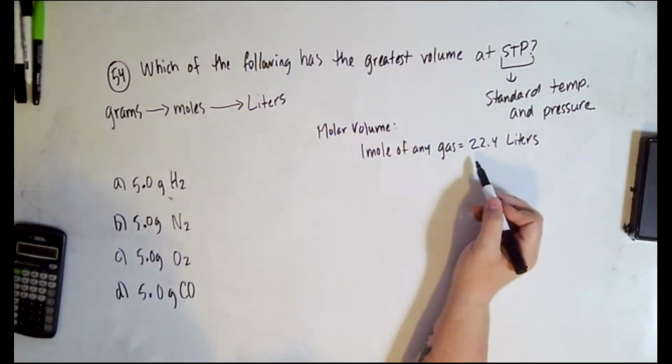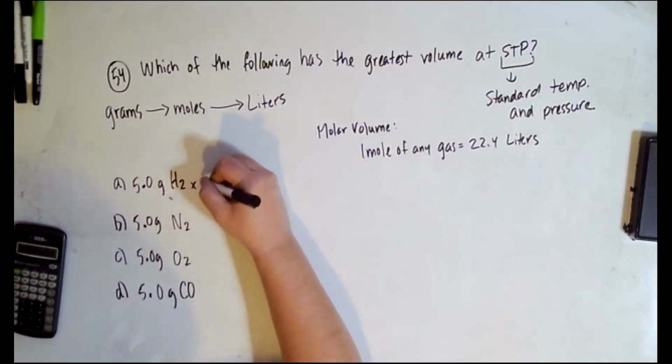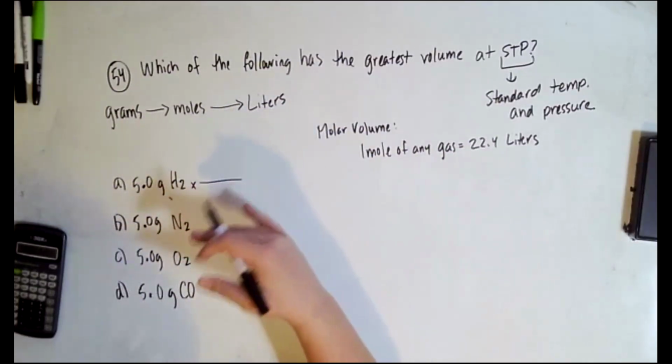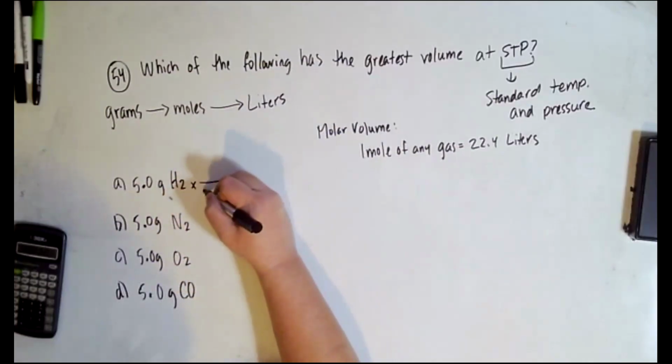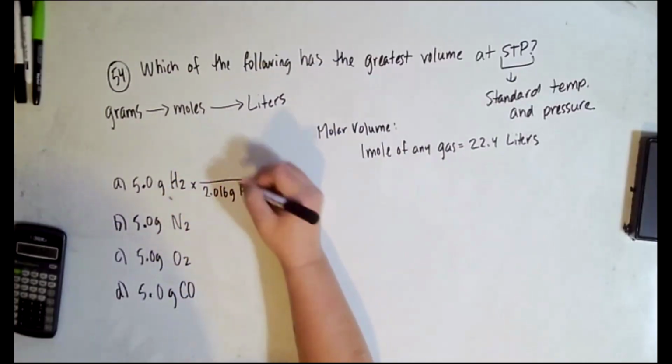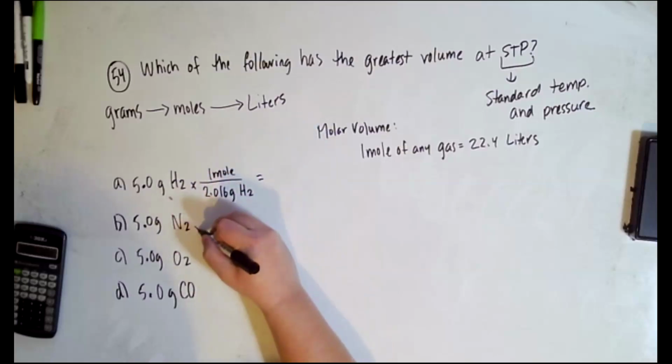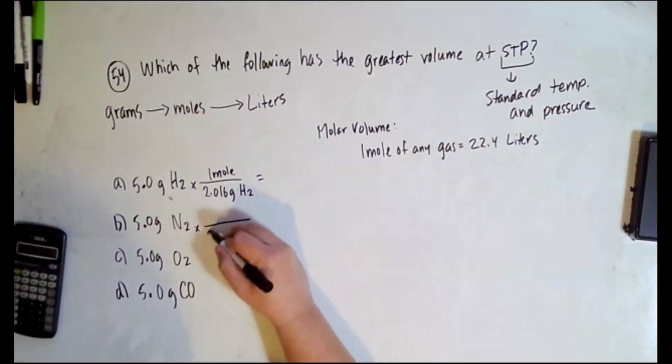Once I turn my grams into moles using the molar mass, then I can go from moles into liters using my molar volume. So for each of these samples, I can use my periodic table and look at the molar masses of each gas. Right, this would be my first step for each of these, is to use the molar mass.